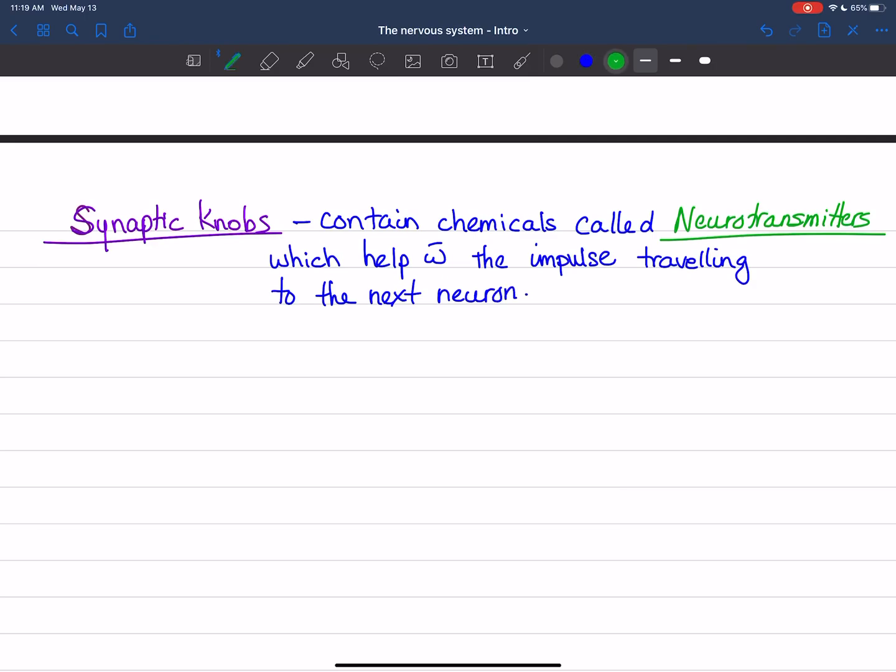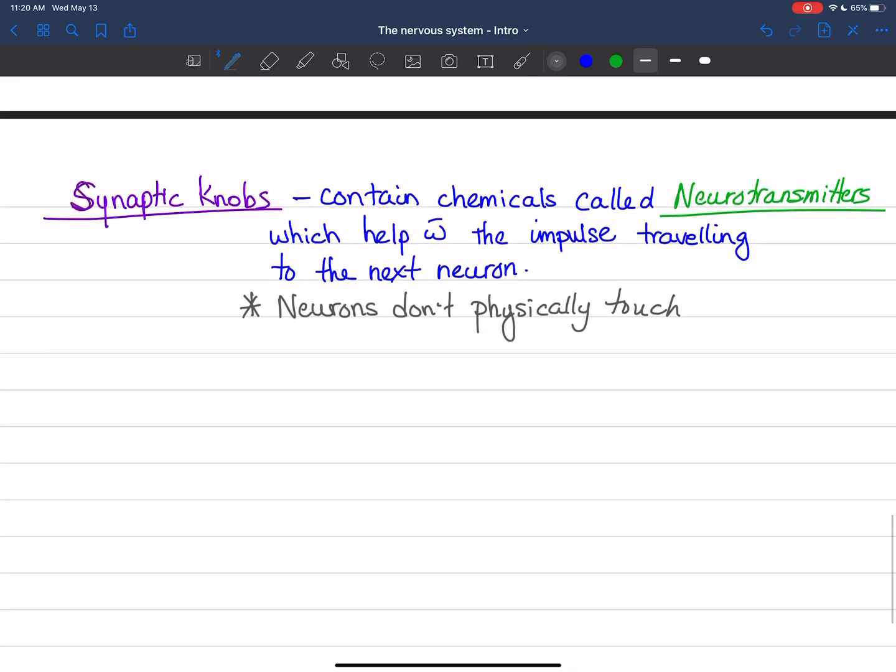Because here's the thing that is actually really cool. Neurons don't physically touch. So as much as they are in communication with one another, they don't physically touch.